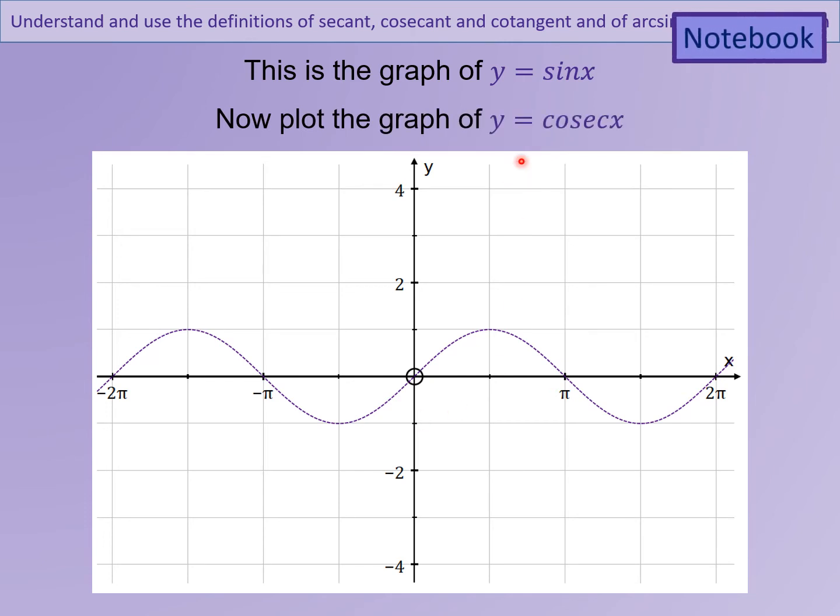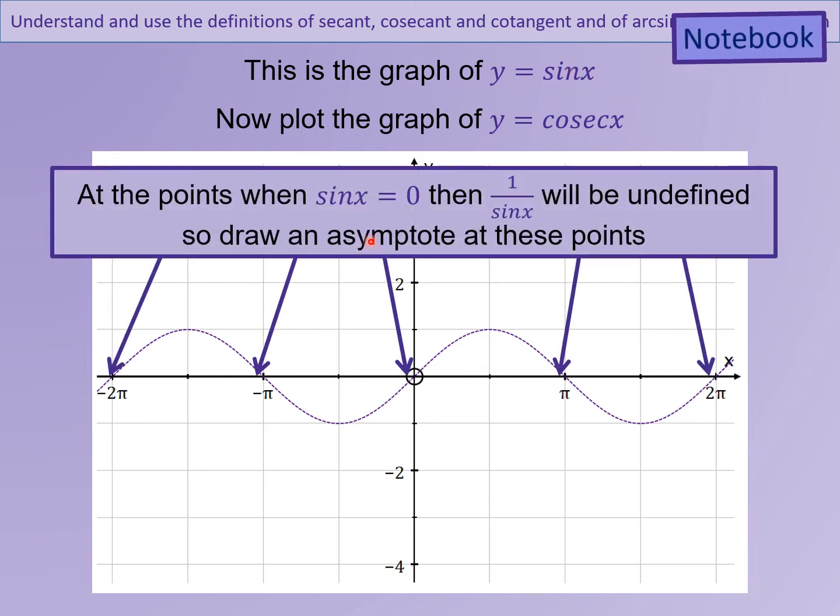Now, if I want to plot the cosec graph, noticing that these two are similar, because that's just 1 over, and 1 over sine gets me cosec, 1 over cosec gets me sine. They are very closely related. I want to sketch this graph. Let me just try some of the key points. So for example, I want to look at 1 over sine x. If I look at these points when sine x equals 0, just there, there, there, and there, 1 over sine x is going to fail because you can't divide by 0.